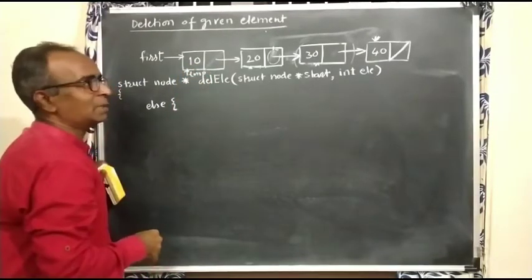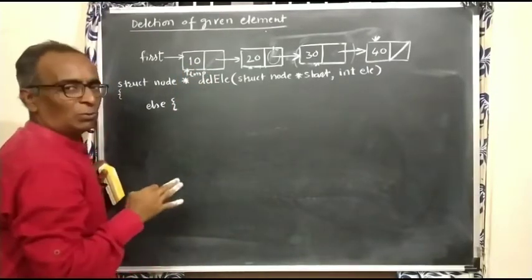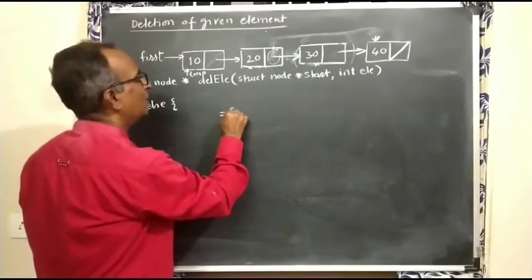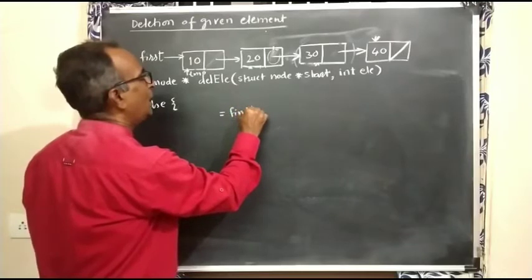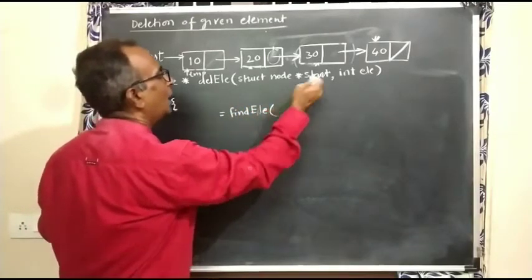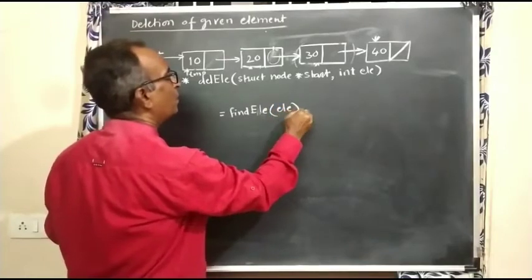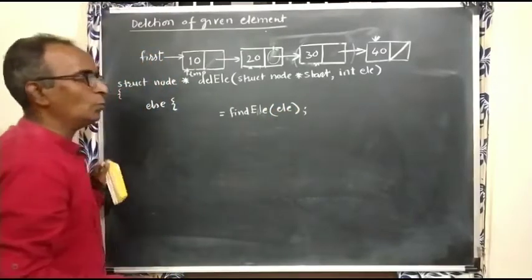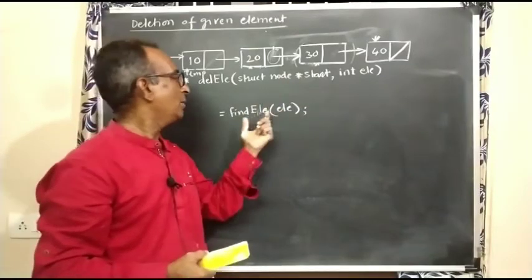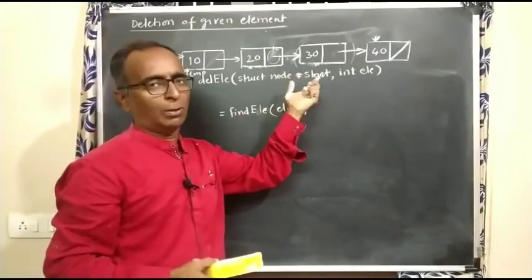Now in this case, what I will do, what way I can write here, I'll write the find element function, and I'll pass that element. What find element should do is tell me whether the element is there or not.